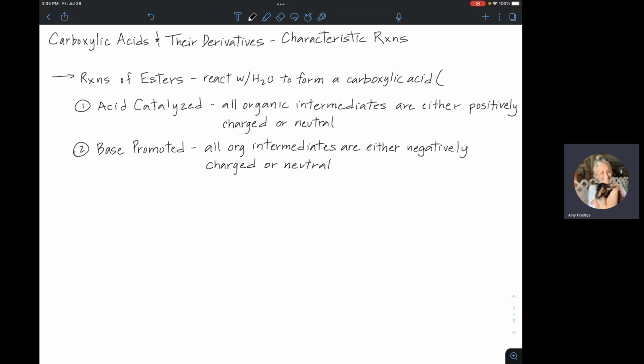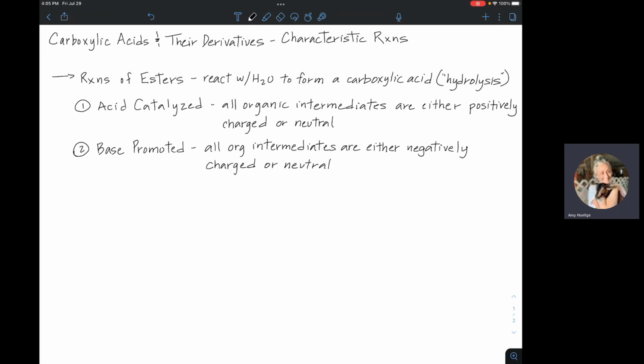And the name in general of this type of a reaction is a hydrolysis.